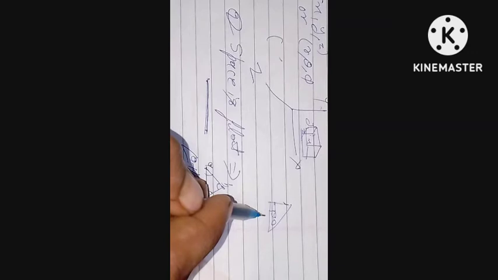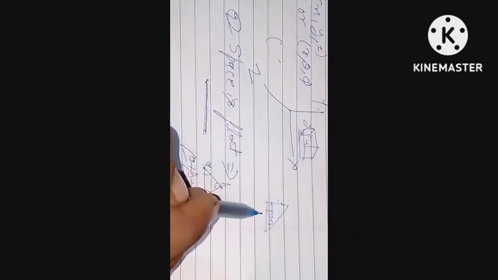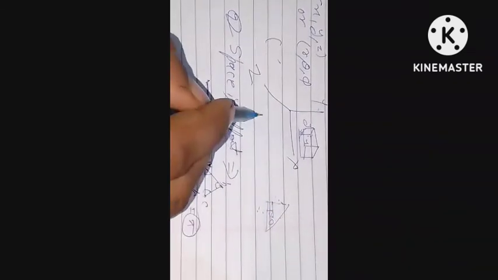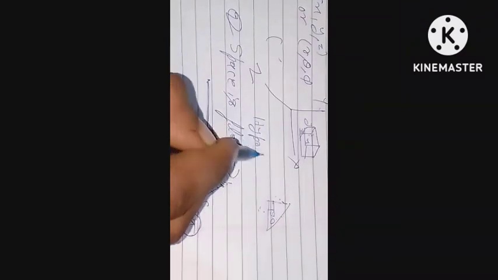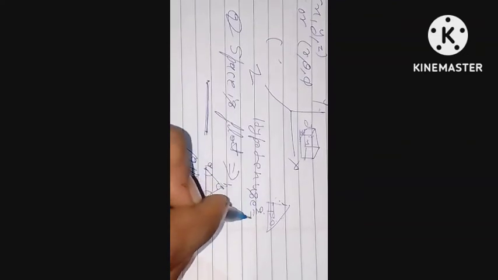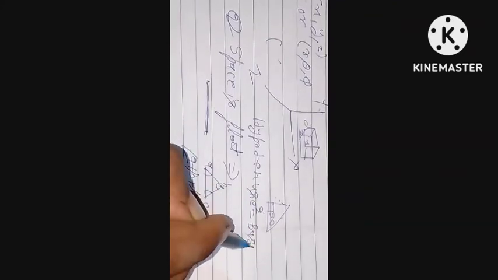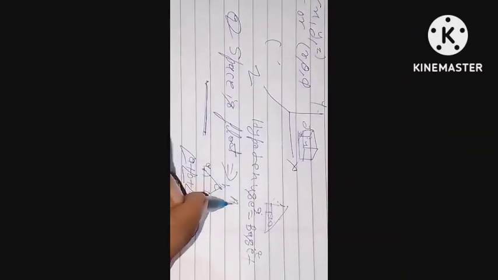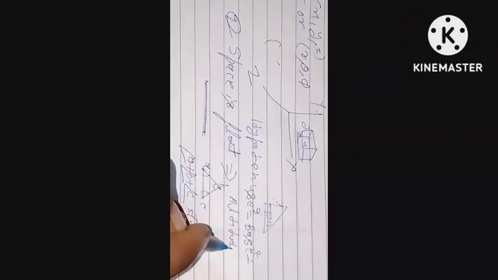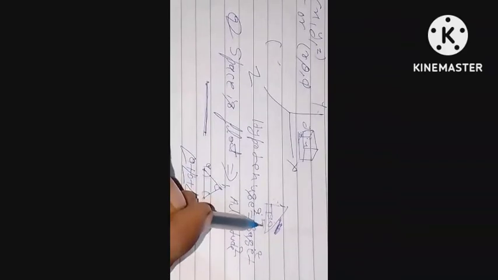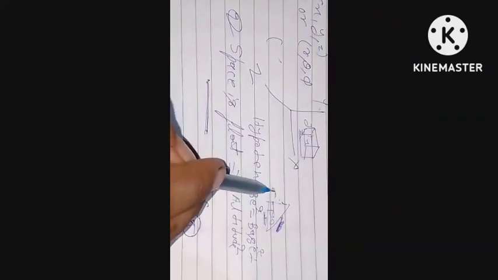In a right angle triangle, the three sides are related by Pythagoras theorem. That means hypotenuse square equals base square plus altitude square.